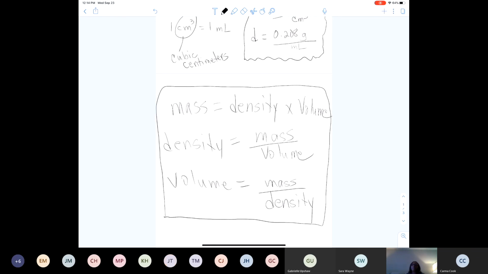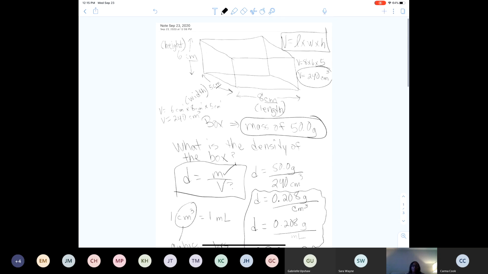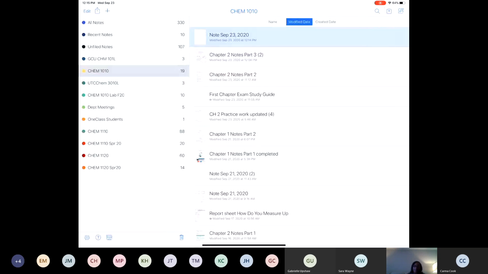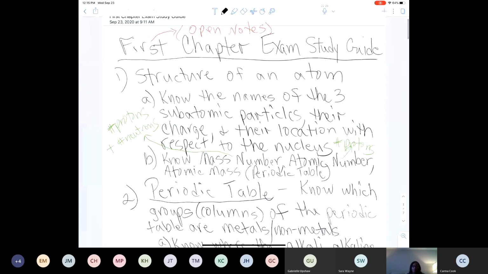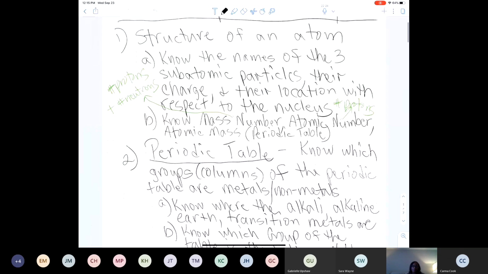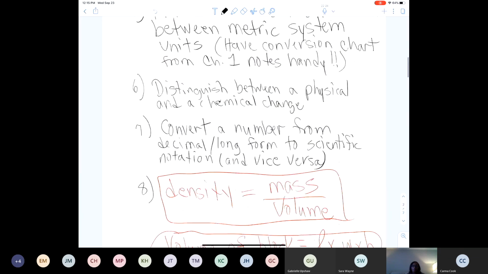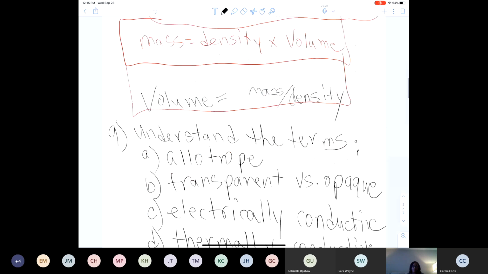You may want to start with a clean copy of the notes and go through each of the problems, referring back to your notes as you study. Also go back and study your Chapter 1 and Chapter 2 quizzes. If you go through all of the concepts that I have listed on the study guide and you understand all those concepts, then you should be fine for the test.